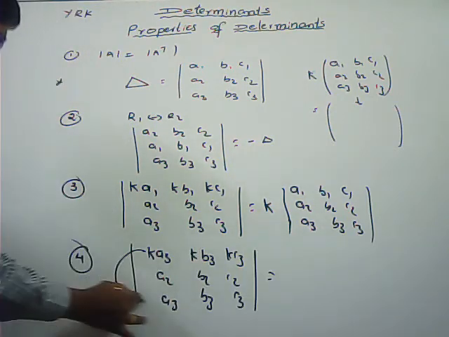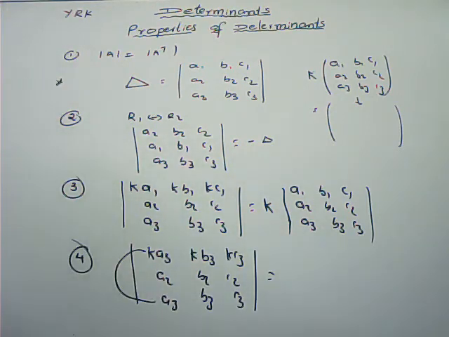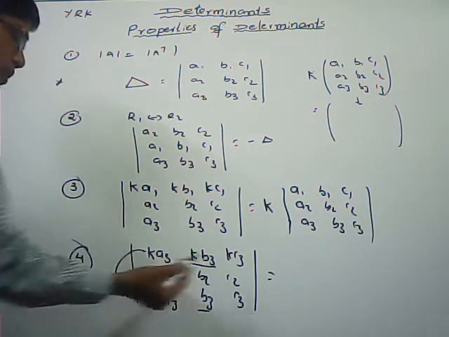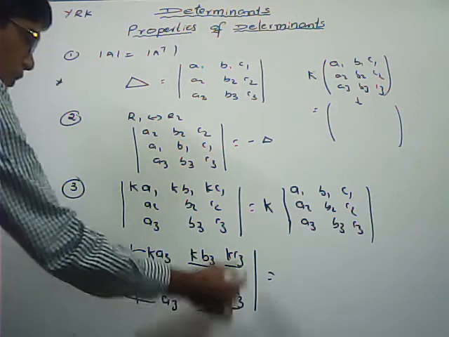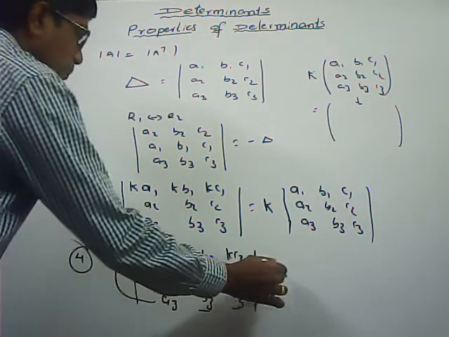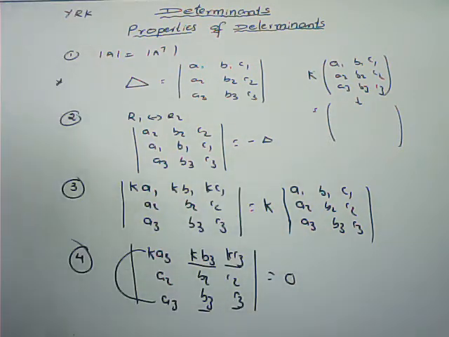Here, what is the ratio of ka3 by a3? k. The ratio of these two elements is also k. Here, the first row and third row elements are proportional. If any two rows or any two columns are proportional or identical, simply we can write that its determinant is equal to 0.